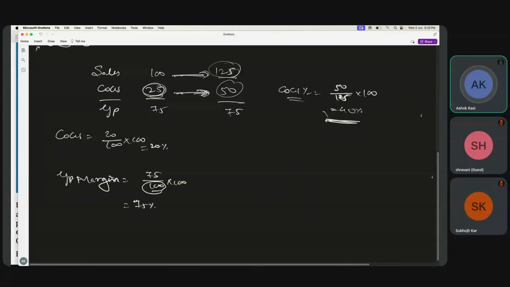So that is 75%. Over here, gross profit margin is equal to 75 divided by 125 into 100. Now you calculate. 60%. So now you see your gross profit margin also has come down.